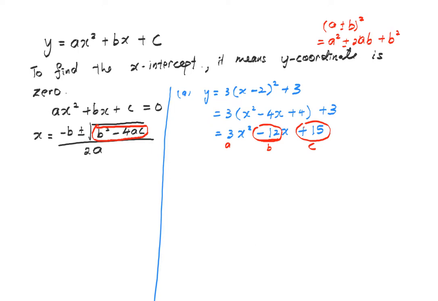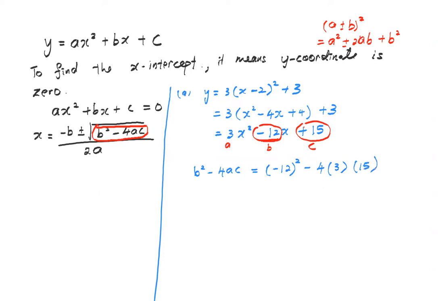So let us have a look at this case. That is a very important fact. So let's have a look at A. B squared minus 4ac. You can take out your calculator and calculate b squared minus 4ac.